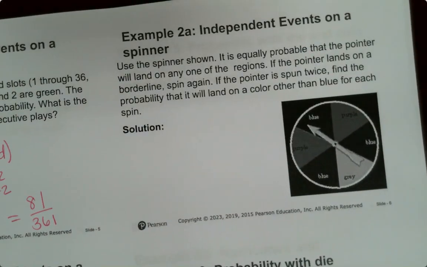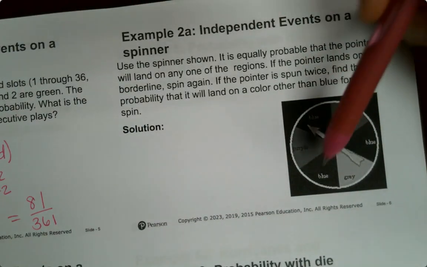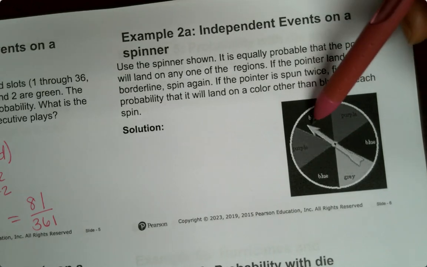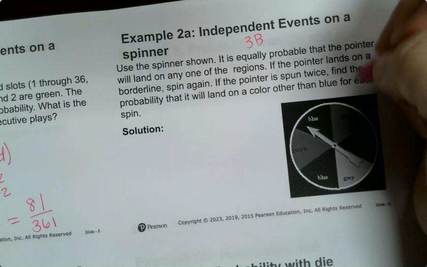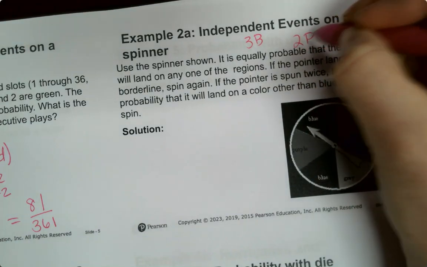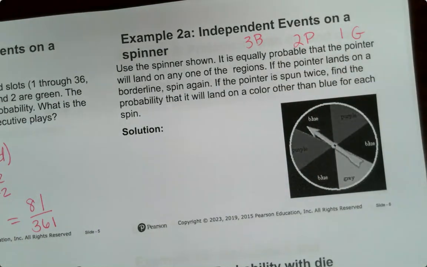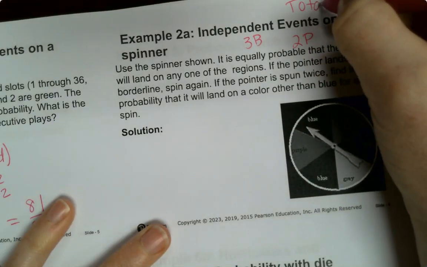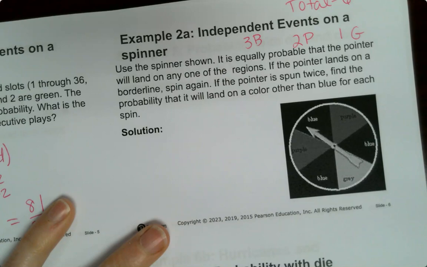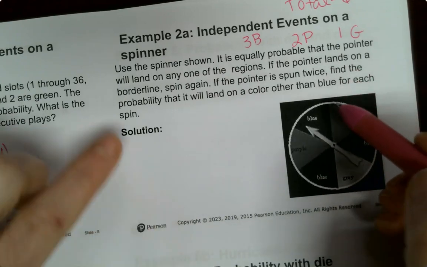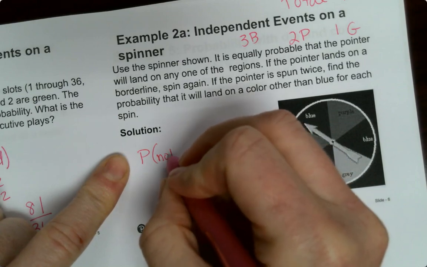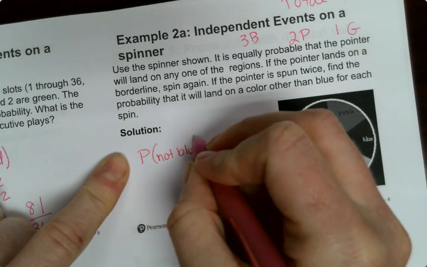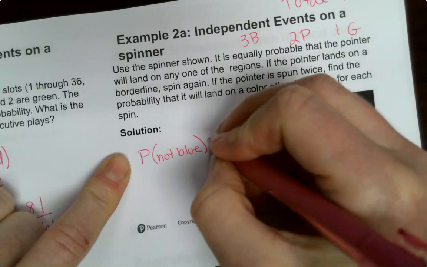All right, the next one, we have a spinner. And they're equally spaced. We have 3 blues, 2 purples, and 1 gray. So we have a total of 6 spots. So it says you spin it twice, find the probability you'll land on a color other than blue, so it's not blue, which is called the complement of blue, for each spin.